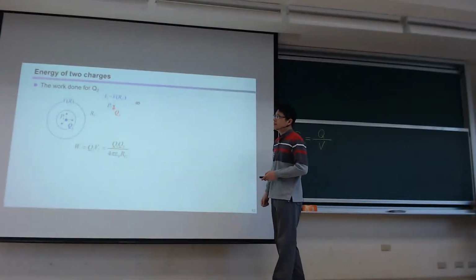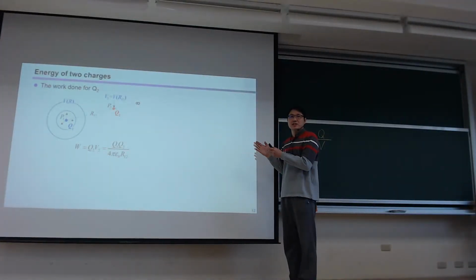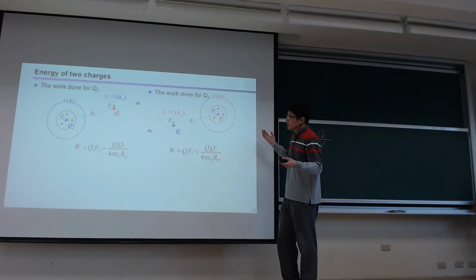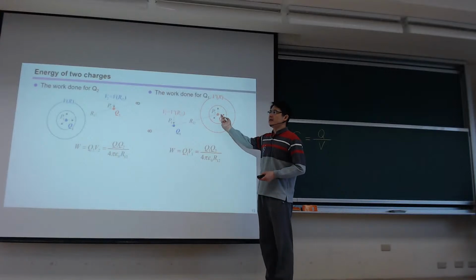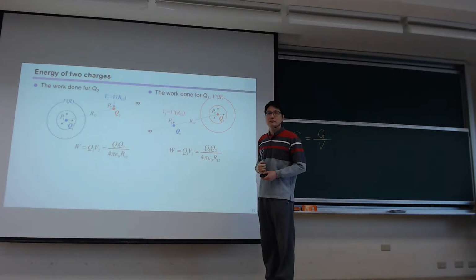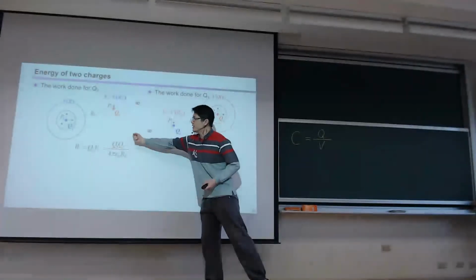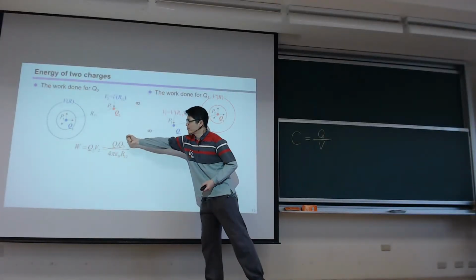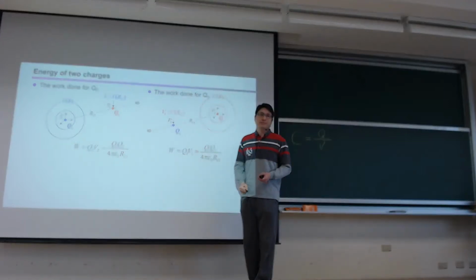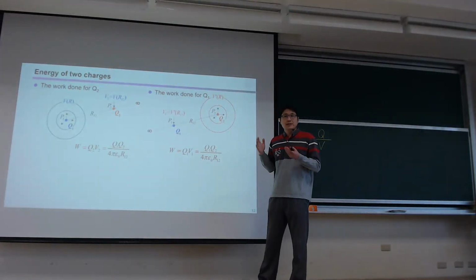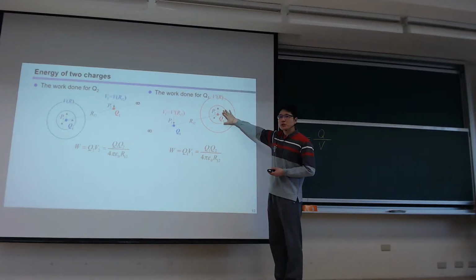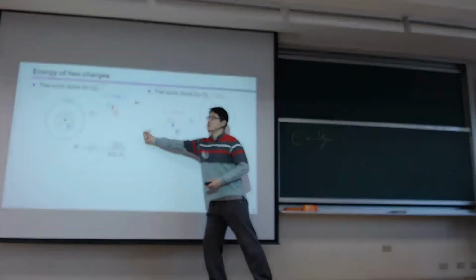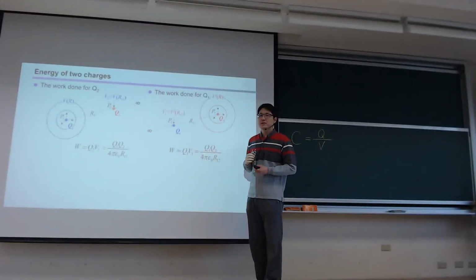But of course, you can also look at the same system from a different perspective. You can also say, well, initially in space, I already have the charged particle 2. Then I bring the first particle from far away to this location, right? So in this case, charged particle 2 is already present, and I bring the first charge to here.